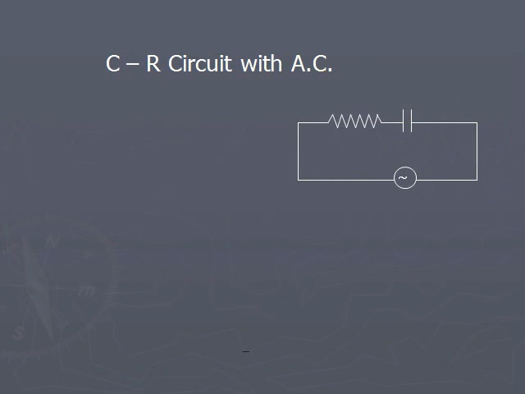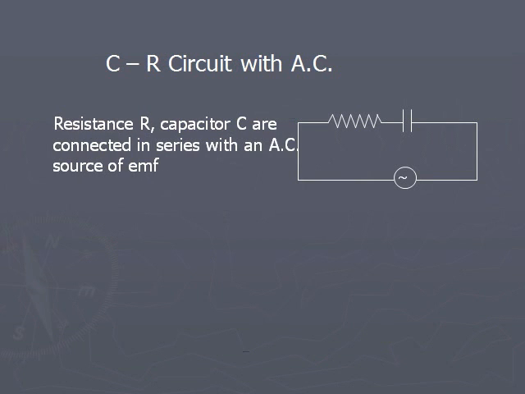Now, application of AC current to a CR circuit. Consider the CR circuit in which a resistance is connected in series with a capacitor and an AC source is applied. Let the EMF of the AC source be given by E = E0 sin omega t. Because of this EMF, a current flows in the circuit.